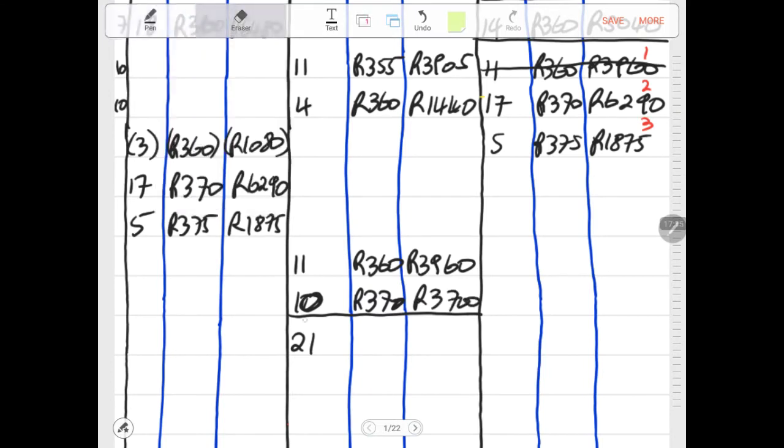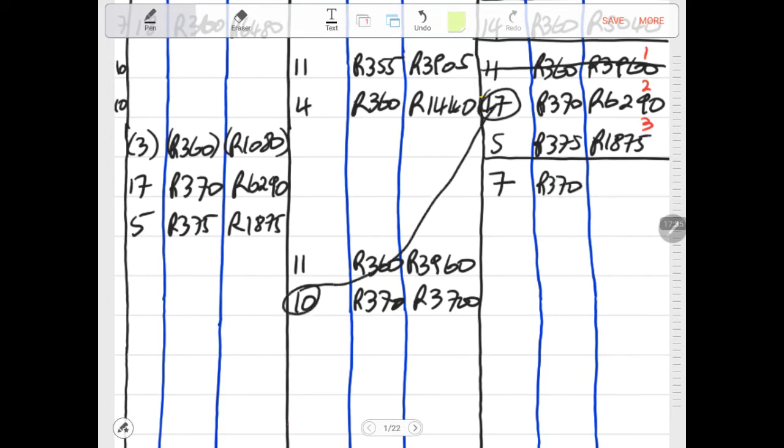So now we have managed to issue the total of the 21 units as planned. All of the 11 are taken, and out of the 17 we took 10. That means we are left with 7 at 370. Remember, we deducted 10 here and issued it here. So out of the 17 we are only left with 7 at 370.